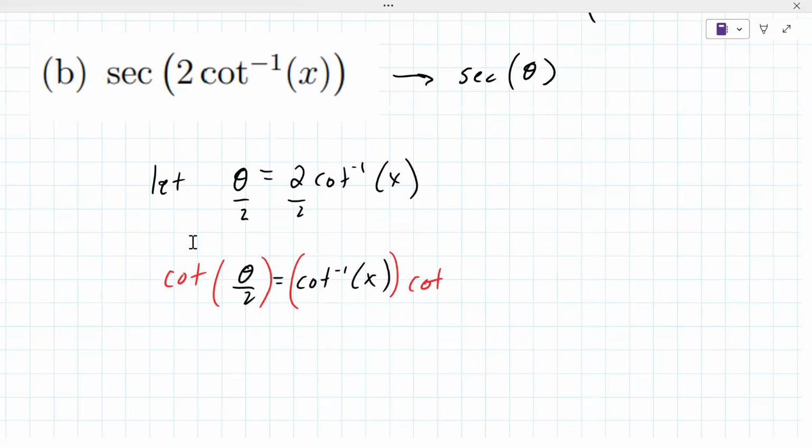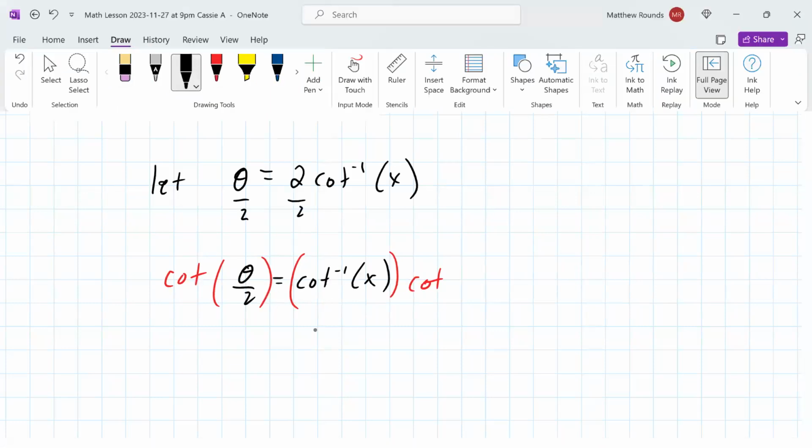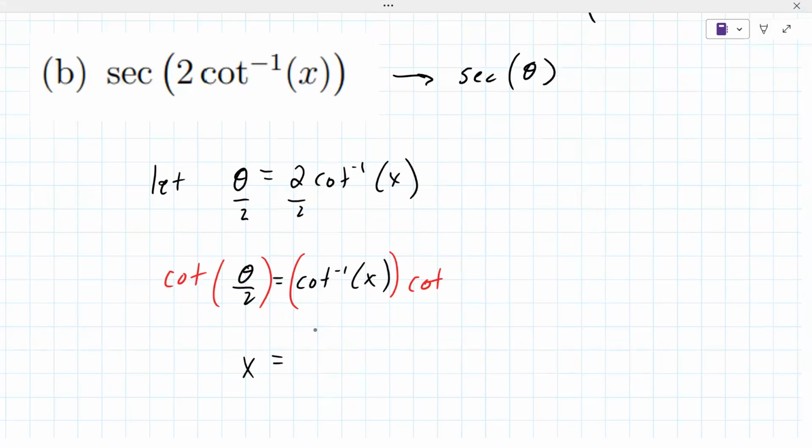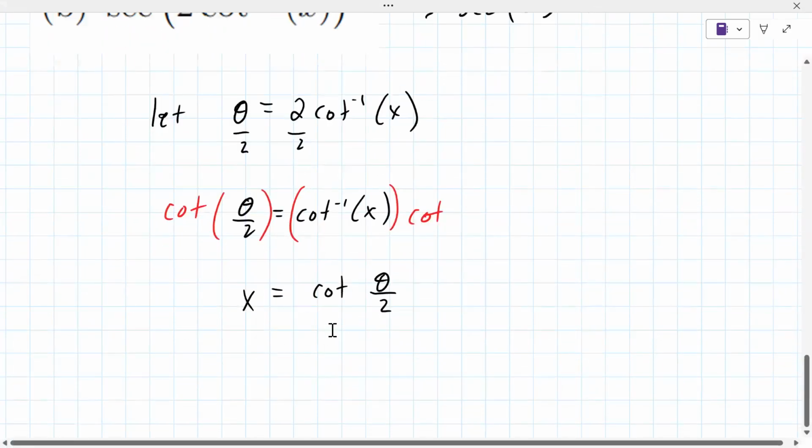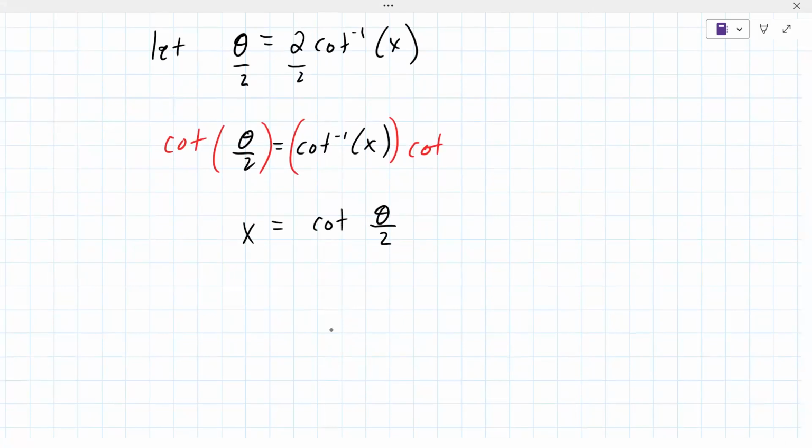Usually the operator's on the left, not the right, but it still is fine. So then you get x equals cotangent of theta over 2, which actually is kind of bad. So this is really involved, which I wasn't expecting.